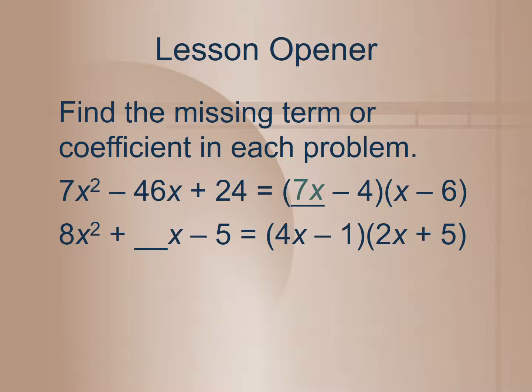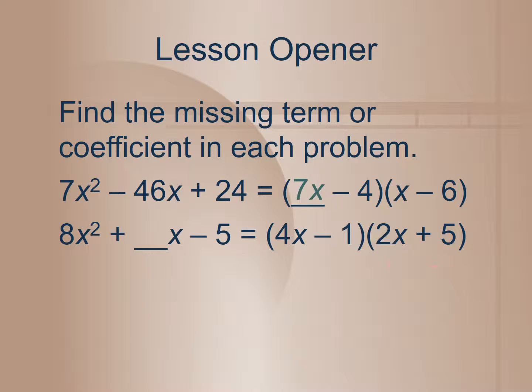Now let's do this one. We have 8x squared plus blank x minus 5 equals 4x minus 1 times 2x plus 5. Remember that middle term, we get that by multiplying our outer terms, which is 4x times 5, so 20x, and then combining that with our inner terms, which is negative 1 times 2x, so negative 2x.